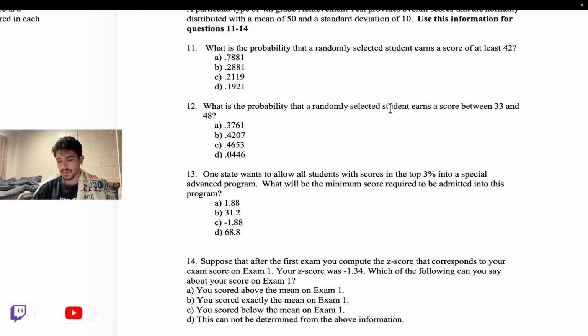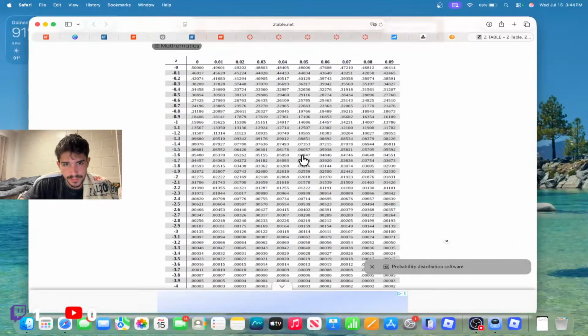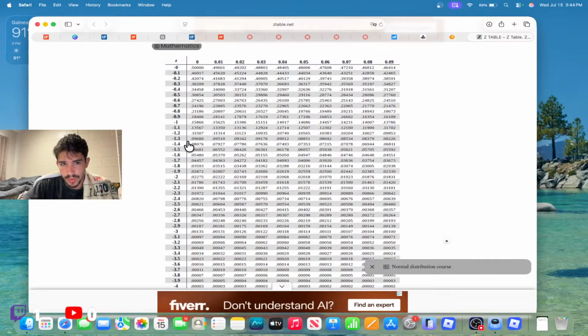If we look at the table here, negative 1.34 approximately here means that we're in the 0.09, 0.12 range, which is approximately 9% of the population.